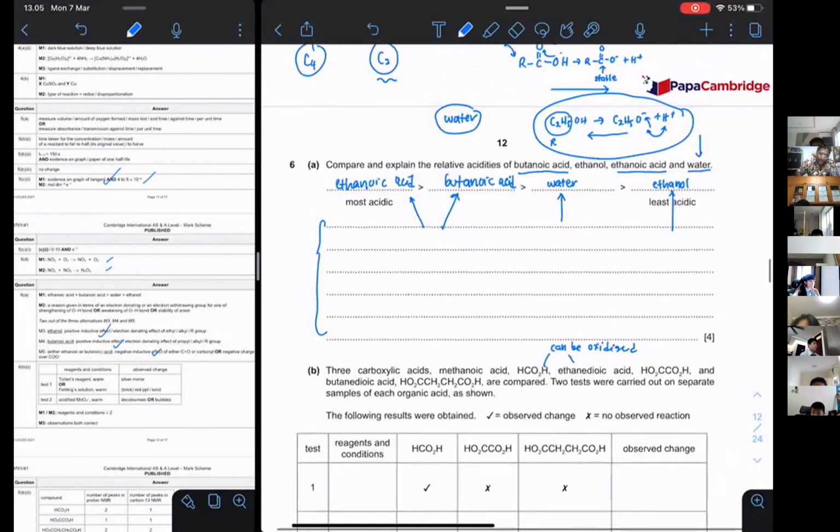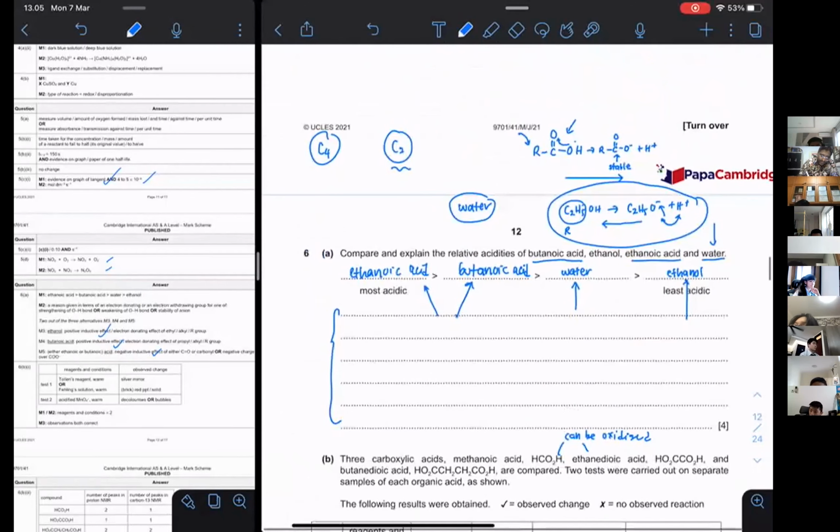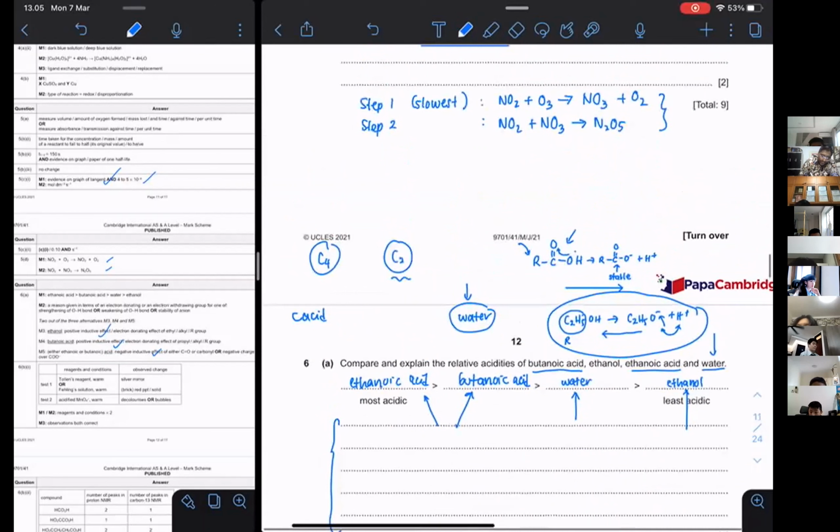I have ethanoic acid and butanoic acid, which are carboxylic acids, and then I have alcohol. So I'm just comparing alcohol with water, and also carboxylic acid first.